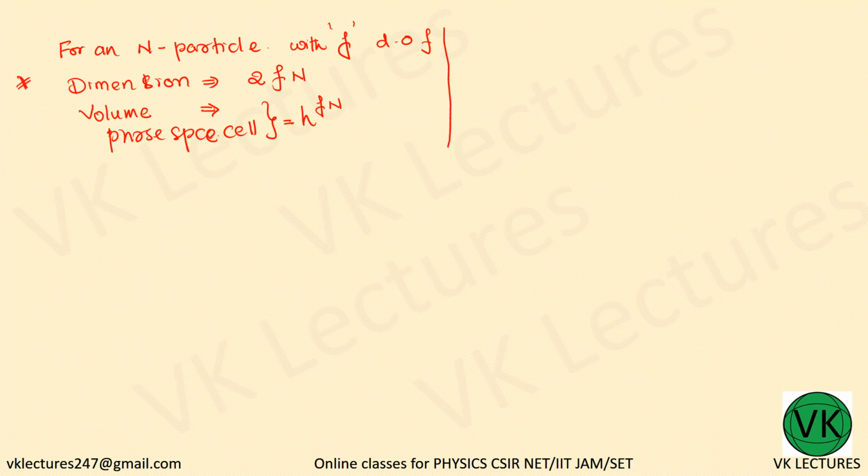Now coming to the phase space once again. qi dot is equal to dou h by dou p, while pi dot is equal to minus dou h by dou q. And the phase space diagram is something like this.